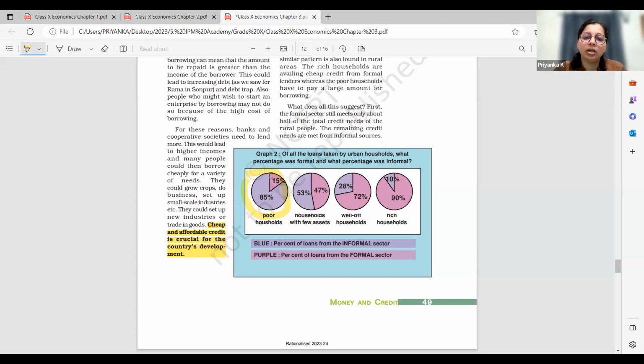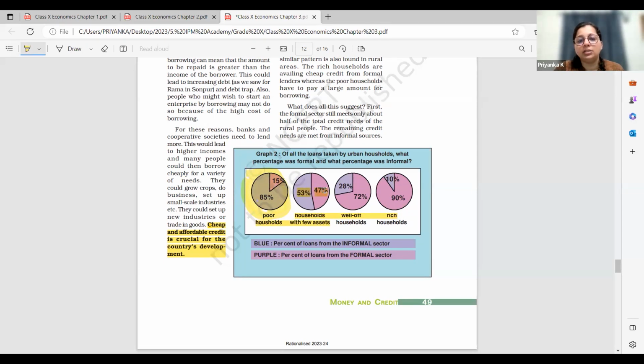So when we look at poor households, it's actually shocking to find that 85% of poor households depend on credit from the informal sector. Only 15% depend on credit from the formal sector. This is mainly because they don't have collaterals or any kind of documents. And for households with few assets, or no assets, again 53% of them depend on the informal sector.